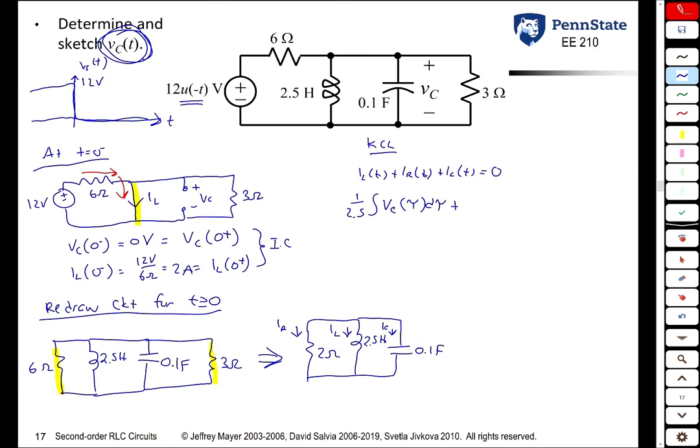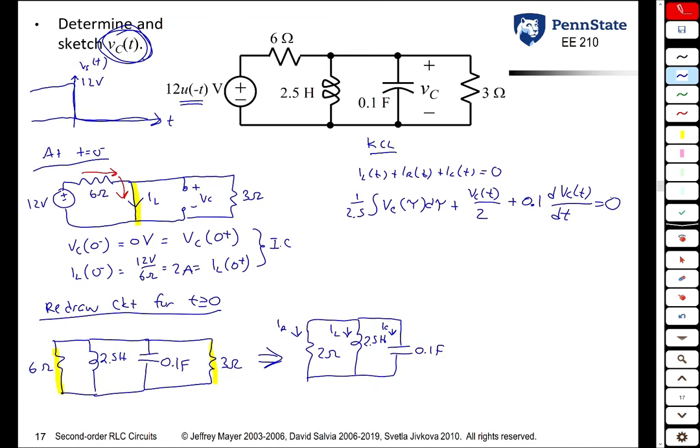The current through the resistor is VR over the resistor value, but VR is the same as VC, so we can just write it as VC over 2. And of course the current through a capacitor is the capacitor value times the derivative of the voltage across the capacitor.